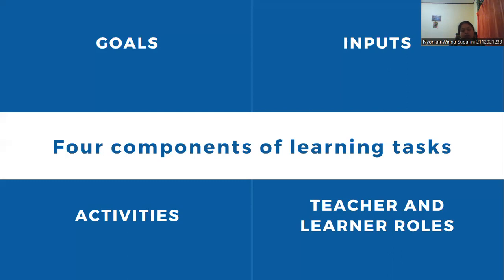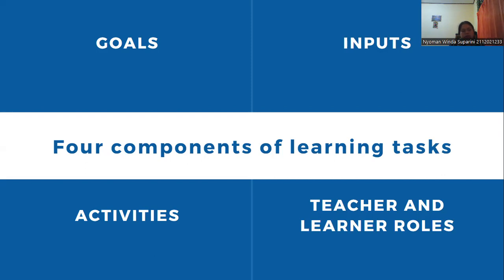To effectively develop students' language skills, the assigned learning tasks should include four components. The first is the goals, the implicit or explicit outcomes of tasks. The second is inputs, the verbal and non-verbal data presented to the learners.